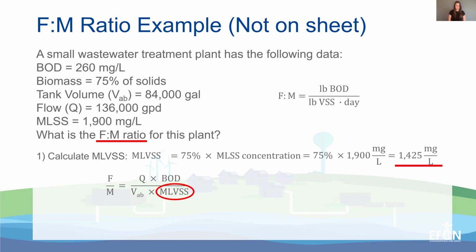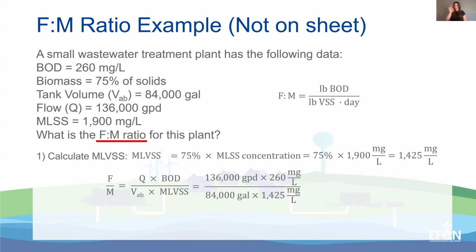So based on the data that we were able to calculate already, we have everything we need to calculate my F-to-M ratio. So we'll simply plug those into this equation. We'll get 136,000 gallons per day times 260 milligrams per liter divided by 84,000 gallons times 1,425 milligrams per liter. And this will give us 0.3 pounds of BOD per pounds of VSS per day.